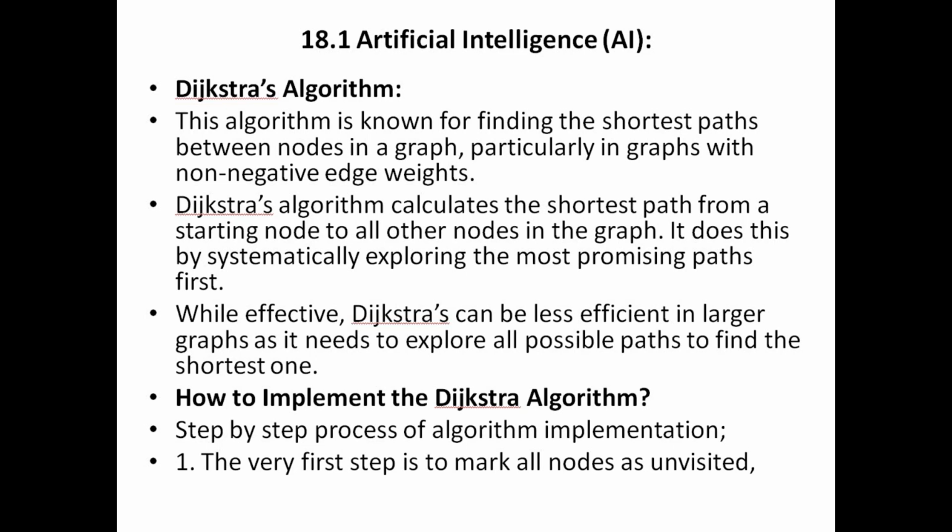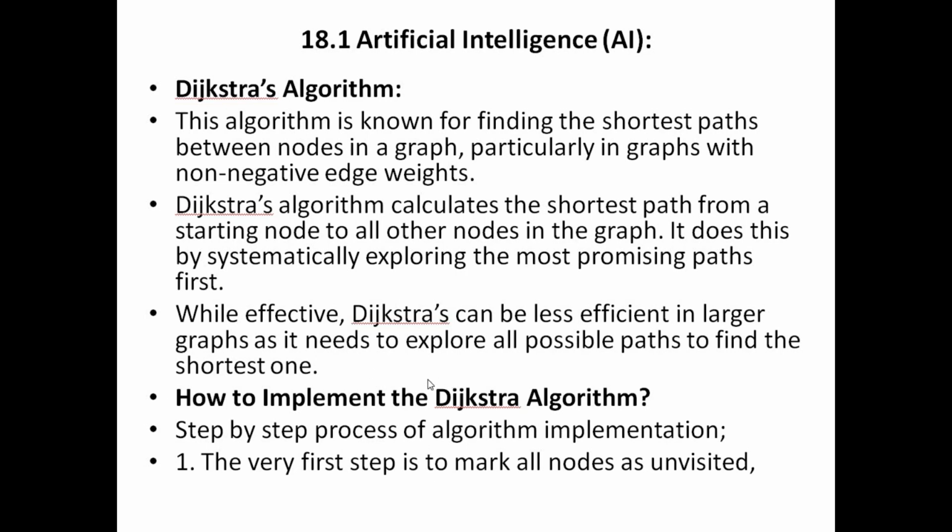It doesn't just calculate the path from one node to a specific node. It does so to all the other possible nodes. It does this by systematically exploring the most promising paths first. Although it is effective, it can be less efficient in larger graphs, as it would need to calculate a lot of paths in order to find the shortest one.